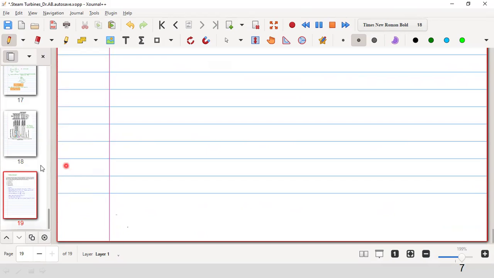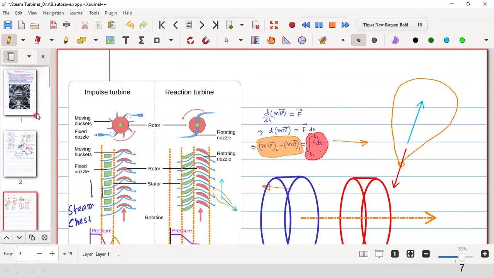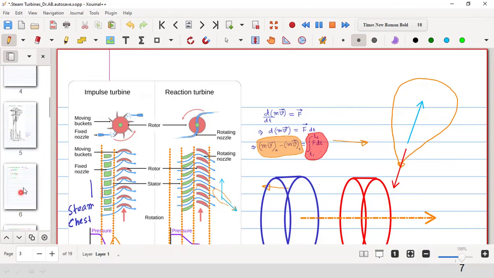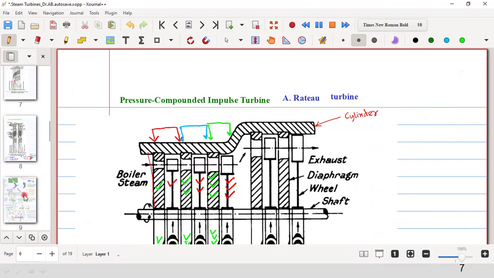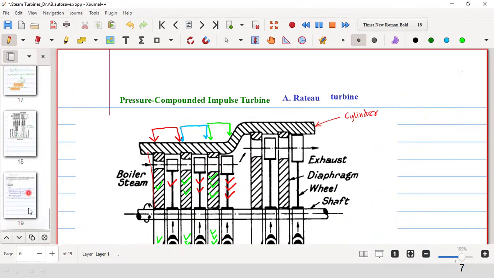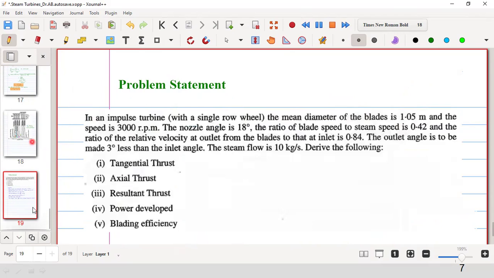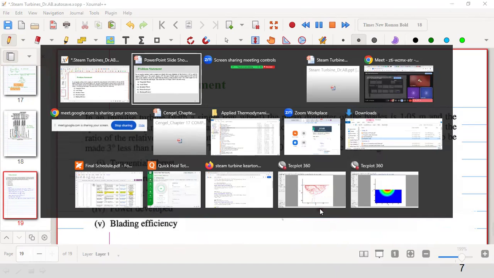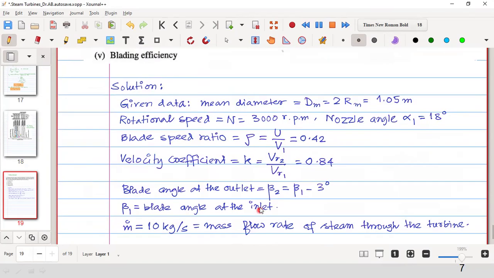Let me see whether the things are already drawn here. Okay, anyways, let us draw it again.